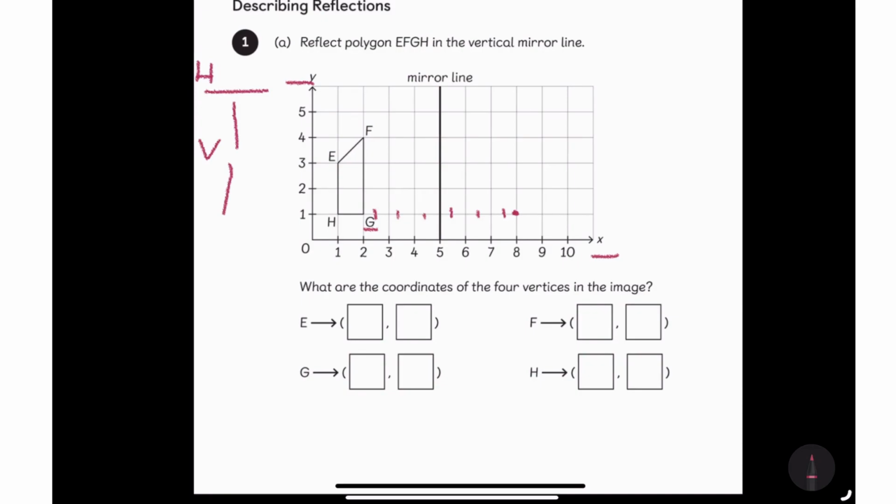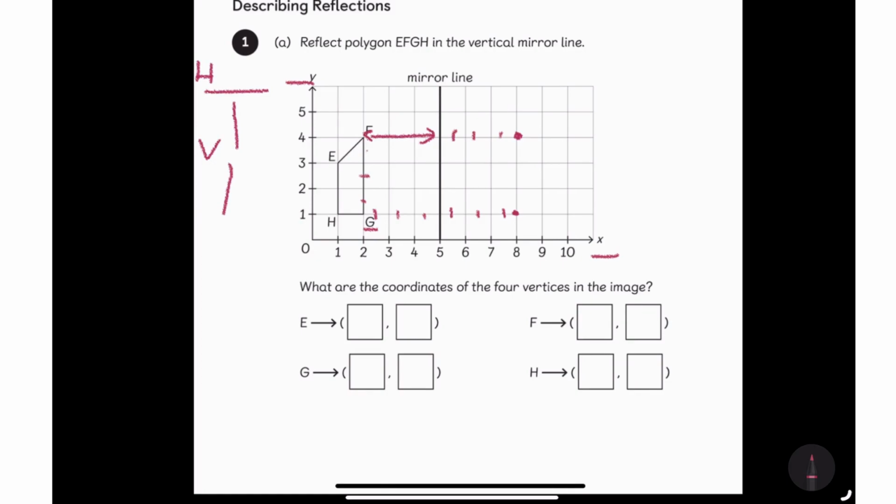Let's go to F. It is actually in the same line, and 3 units up. 1, 2, 3, right? Or this way as well, we can check the length of the unit. So I will again count 1, 2, 3, and my F comes here, right?